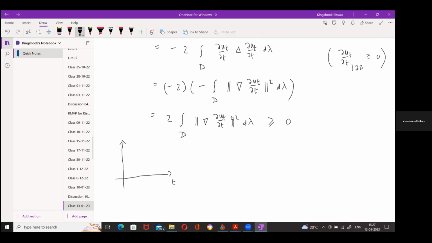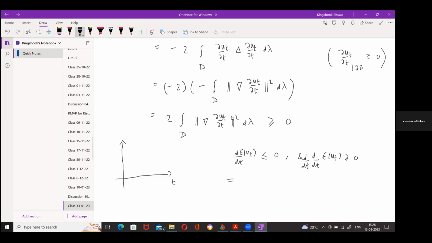So notice that we know that d/dt of E of u_t is less than or equal to 0, so the energy is bounded below. And this first derivative is increasing, right? d/dt of the energy of u_t is a monotone increasing function which is bounded above by 0.